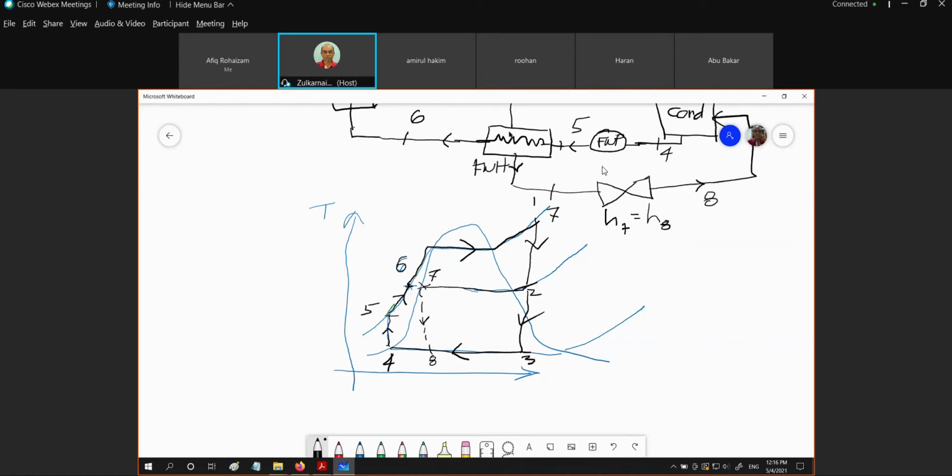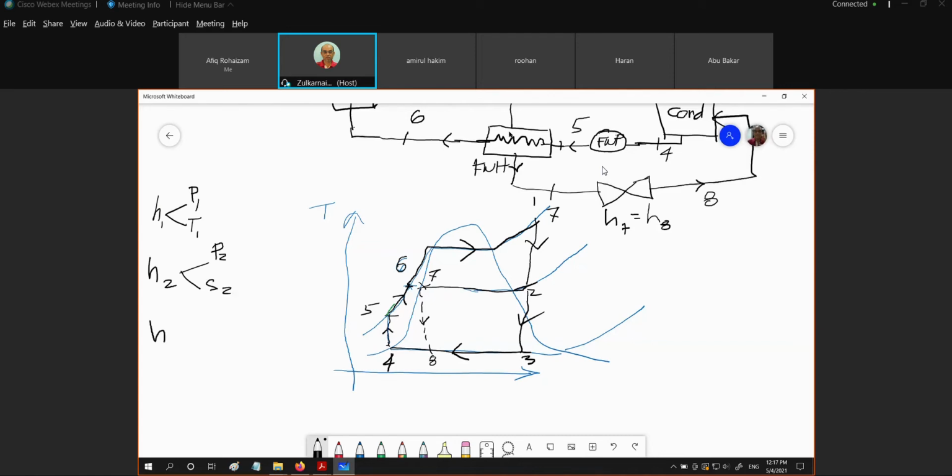Okay, all the enthalpies 1, 2, 3, 4, 5, we are going to get as what we have done before. Alright, I repeat again. Enthalpy 1, H1 is based on P1 and S1. Enthalpy 2 is based on P2 and S2.